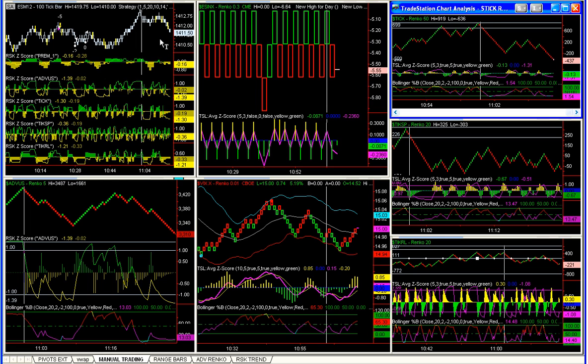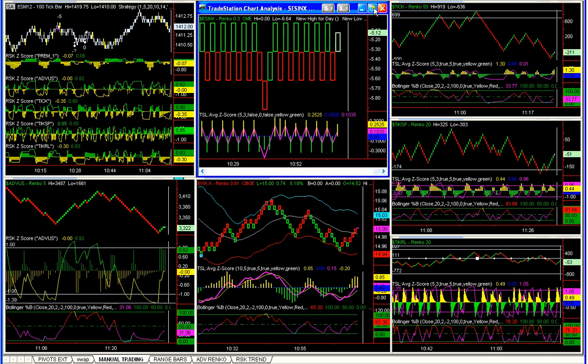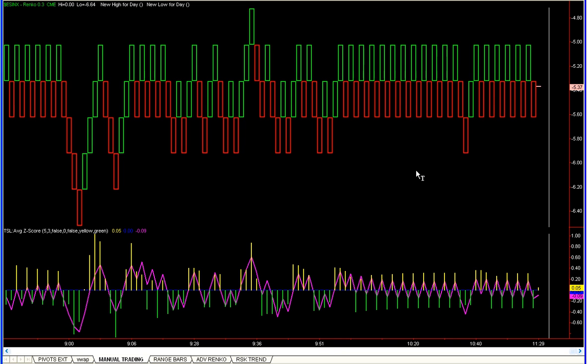All right, now what we didn't talk about so far was the premium. Now I'm plotting the premium with a Renko. I may decide not to continue using this approach, but I wanted to see if it would give me a little bit more information than I have used in the past. And so far it's working pretty well. While the slope of the z-score is important, it is not as important as the position of the z-score relative to the zero line.